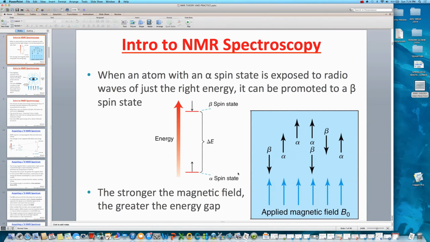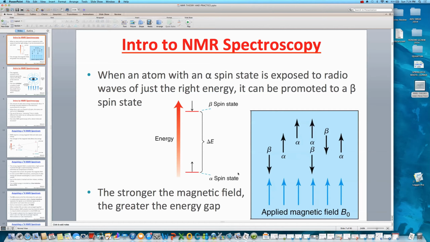And this energy gap is going to be different depending upon the environment of that particular atom in the context of a molecule. For example, certain atoms like hydrogen may be closer to a lone pair or a source of electron density, and we call those atoms shielded.